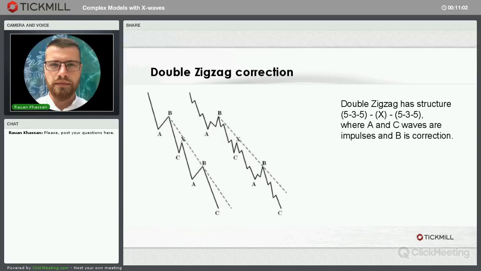Let me mark with blue color the end of the first zigzag, which is easily identified thanks to its three-wave structure. And then let me mark the beginning of the second zigzag, which has a similar structure and thus is easily recognized.